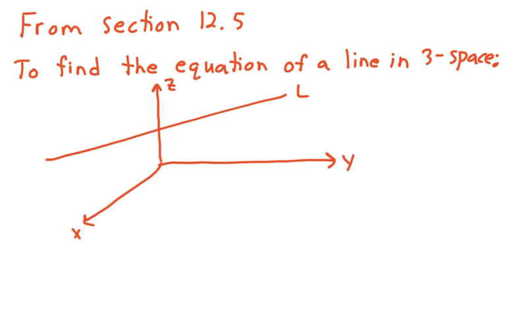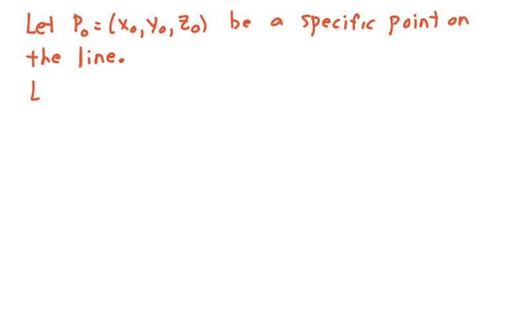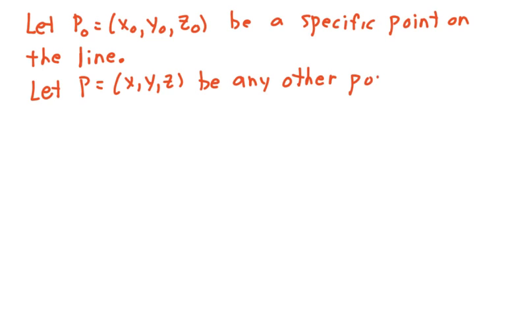And so for the sake of argument, and I'm going to be referring back to this drawing quite a bit, I'm going to put P naught right here. Then I'm going to let P, which is (x, y, z), be any other point on the line.